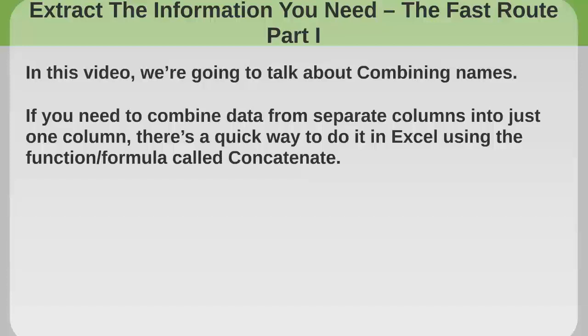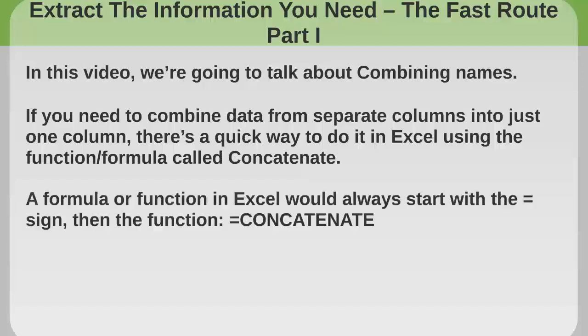So if you want to combine data from 2 separate columns or many different columns into just 1 column, the way to do that is by utilizing in Excel a function or formula called concatenate. So in order to do that, you have to put the equal sign, obviously, to start the formula or function in Excel, and then type in concatenate.